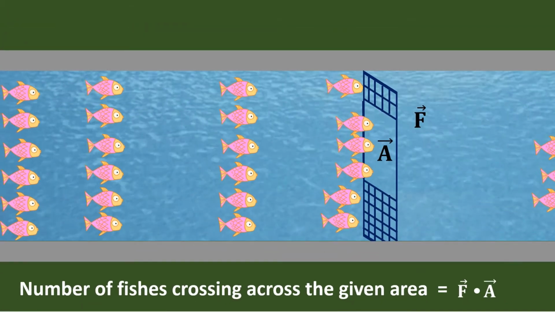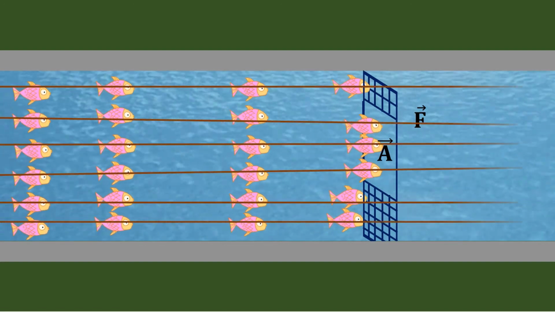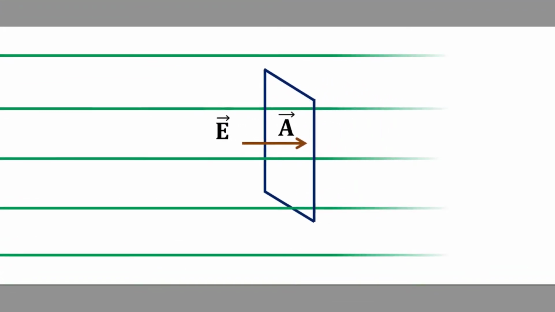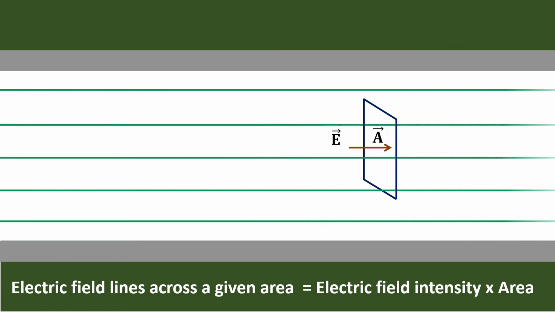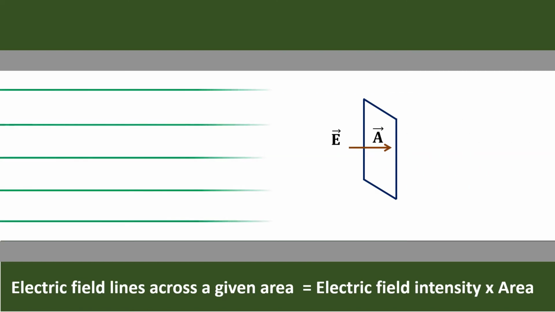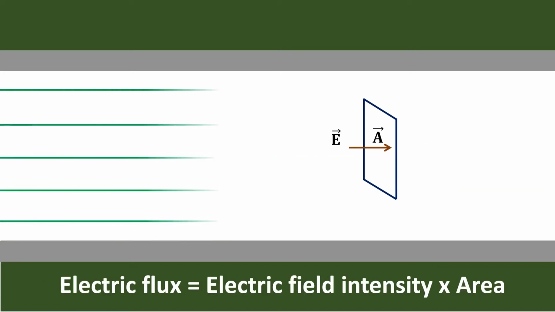Just replace these fish lines by electric field lines, and like fish intensity F, here the electric field intensity E, then the amount of electric field lines in a given region is equal to electric field intensity multiplied by area vector. So we can define the electric flux as the product of electric field intensity and area.